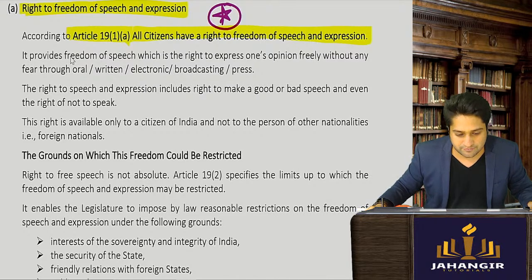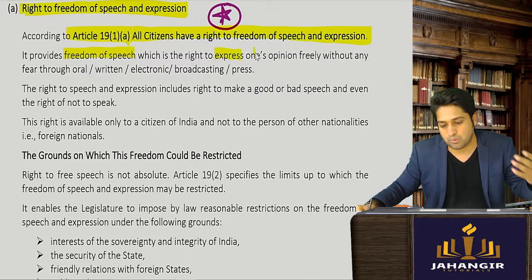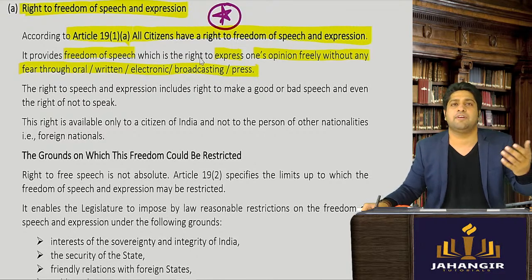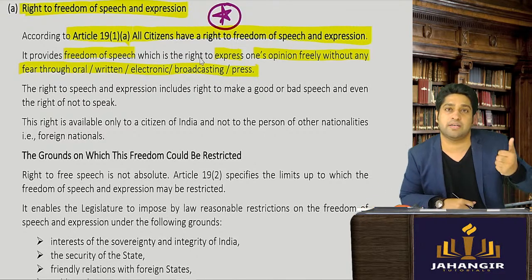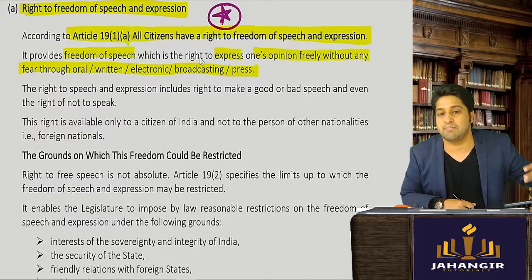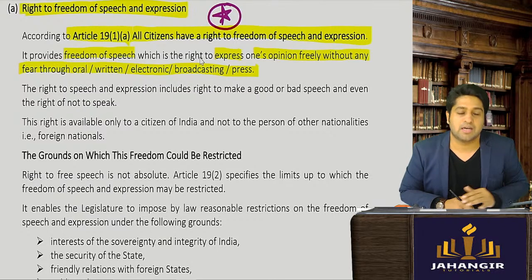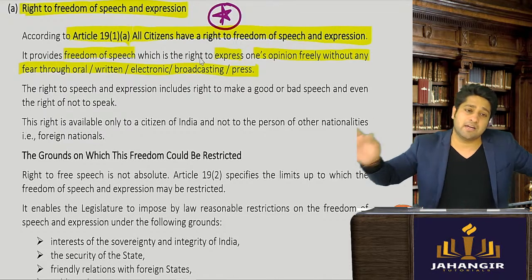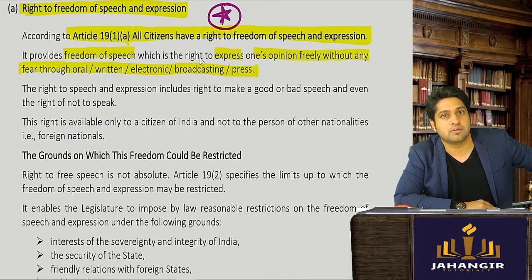It provides that freedom of speech and expression is a right to express one's opinion freely without any fear, and I can express this through any oral means, through any written means, through any electronic means, any broadcast. I can broadcast my information and I can even express through press. Now I understand most of y'all know article freedom of speech and expression.